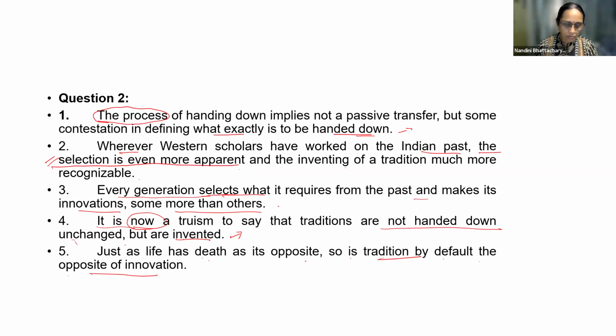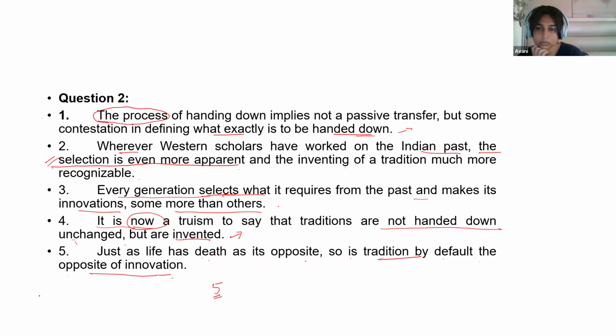This is getting a little complicated, right? So which is the most general statement? 5 is the most general statement. So we can take 5 as the introduction, if nothing else. Just as life has death as its opposite, so is tradition by default the opposite of innovation. So what can come after this? Let's see 4.